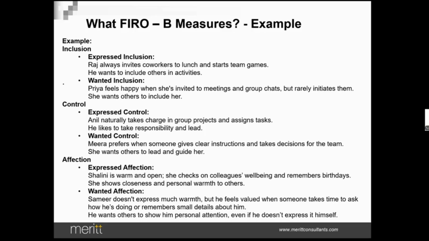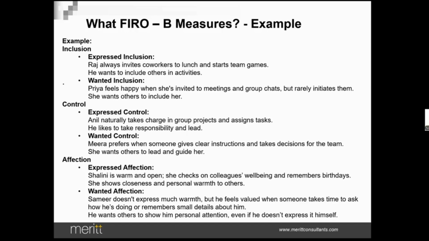Meera prefers when someone gives clear instructions and takes decisions for the team. She wants others to lead and guide her. Is her wanted control high or low here? Anybody? I just explained. So, Meera prefers when someone gives clear instructions and takes decisions for the team. She wants others to lead and guide her.